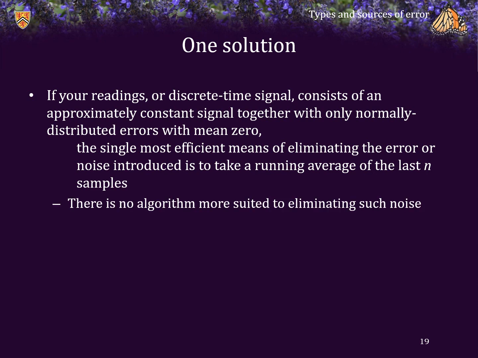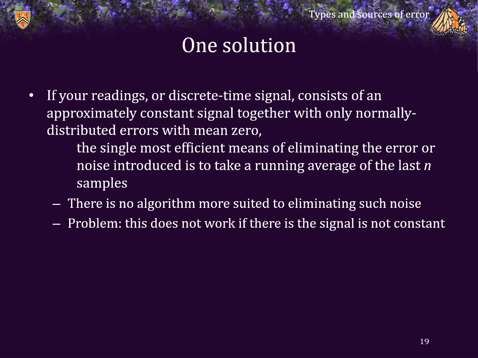And there is no other statistical algorithm that is more suited to eliminating such noise. Problem: this doesn't work very well if the signal is not constant. So even a linearly increasing signal, it would be inappropriate to use this technique.